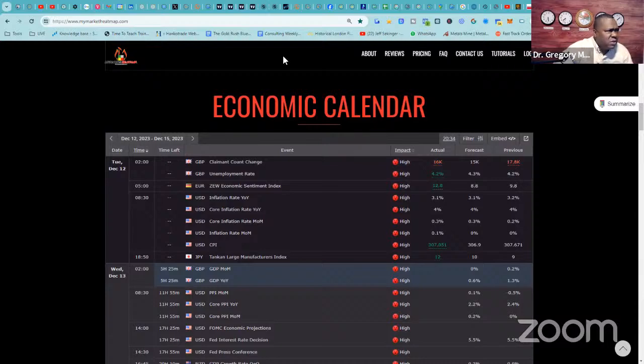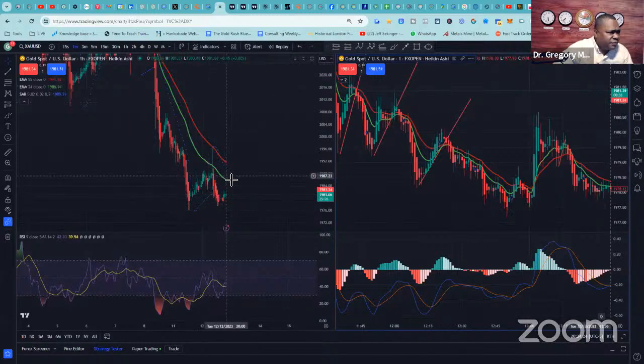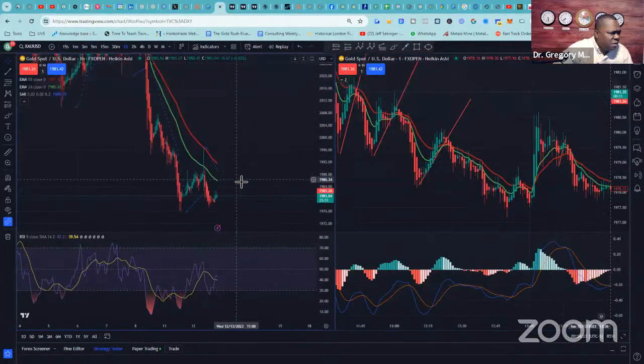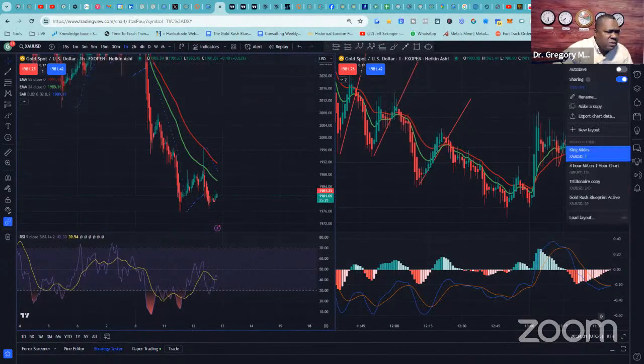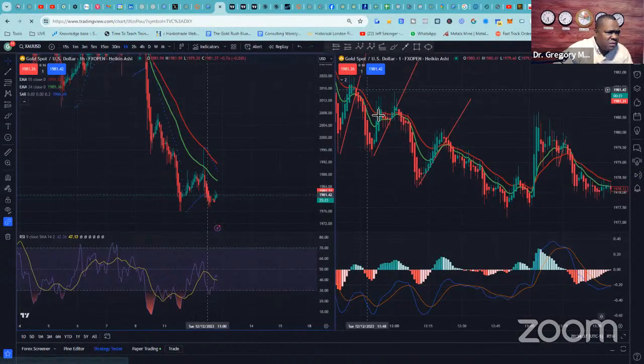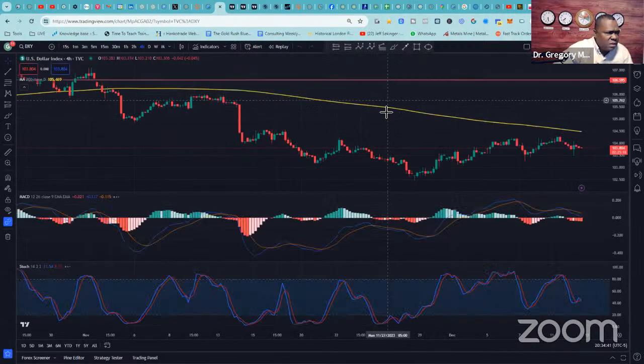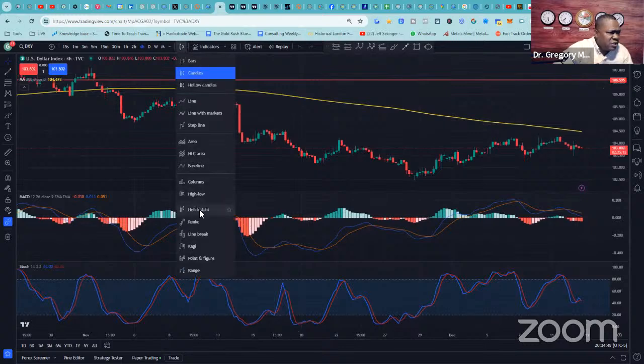Okay, so let's go back to our template there. We need to go to pip and run. Here we go. We're going to go back here, and switch our candles to Heikin Ashi.